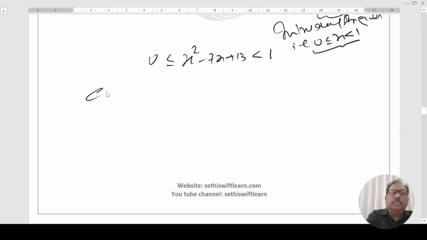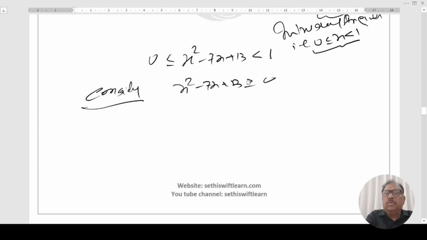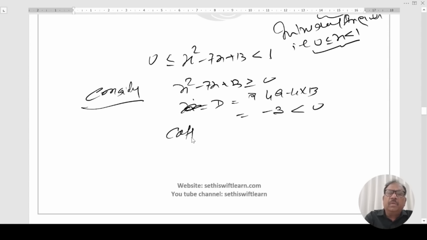Considering x square minus 7x plus 13 greater than or equal to 0, splitting the middle term is not possible, so x equals minus b by 2a. First of all, find D, the discriminant. D is b square, 49, minus 4 into 13, which is minus 3, less than 0, and the coefficient of x square is 1.